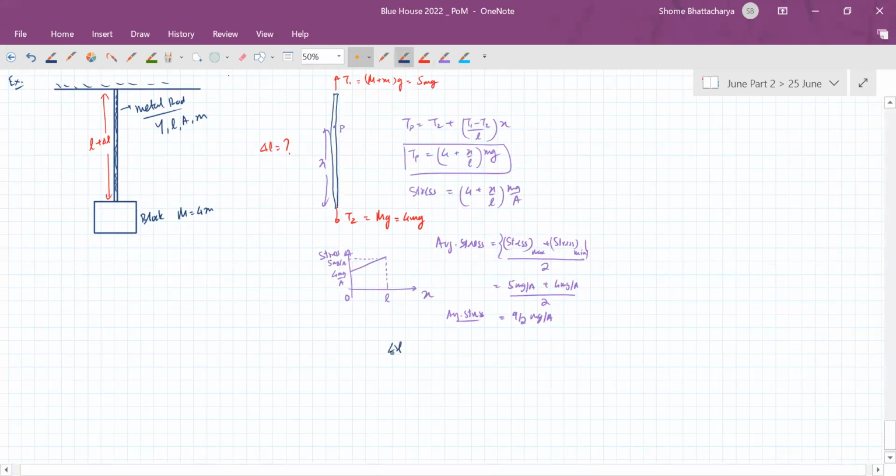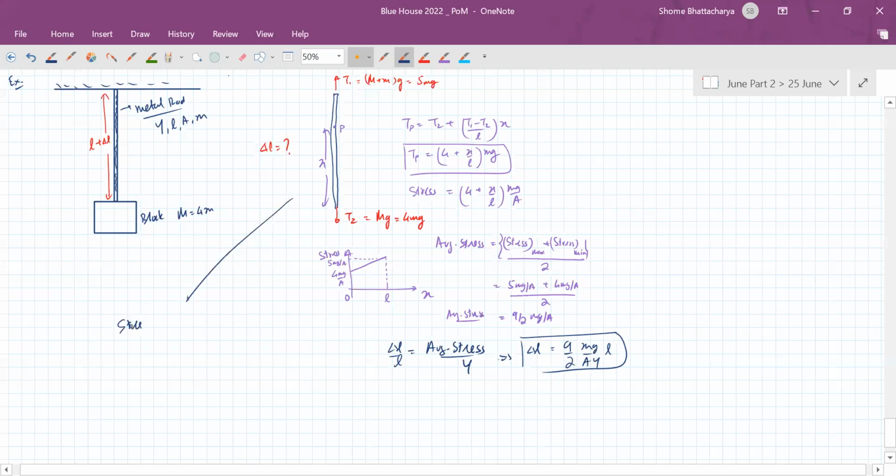So this method, or otherwise you can express stress as a function of x.